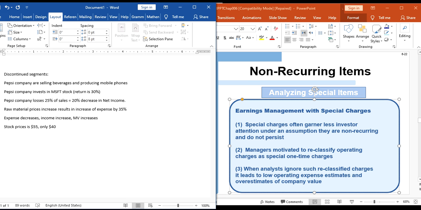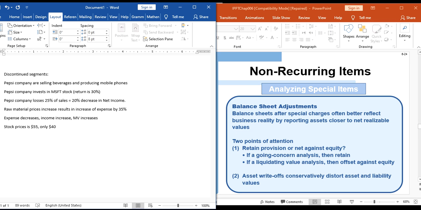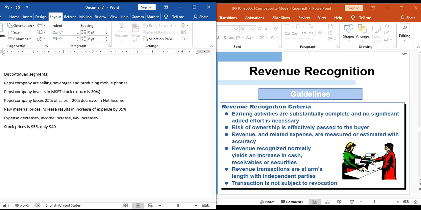Okay, so let's start with revenue recognition. We have covered revenue recognition, I remember, in the intermediate accounting 1 class.